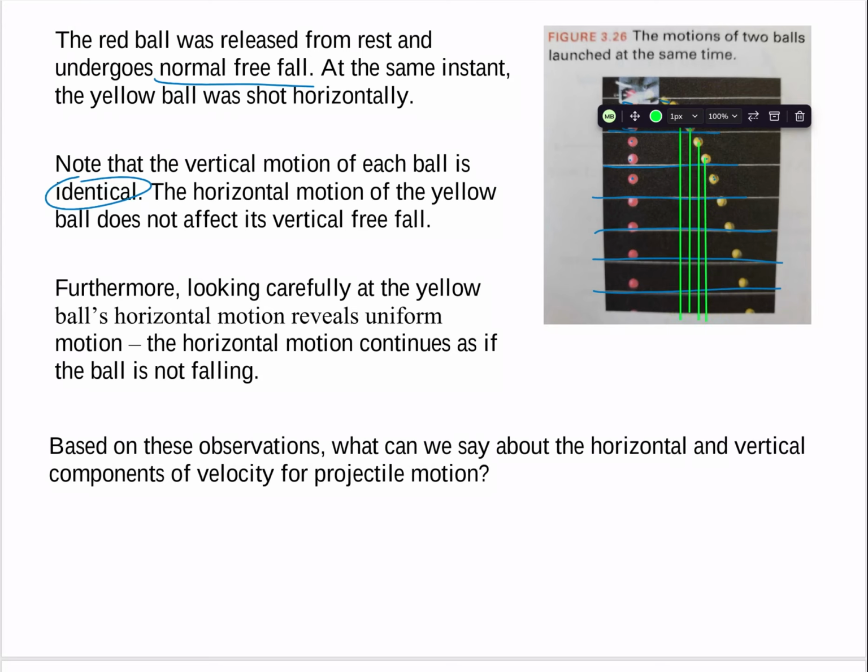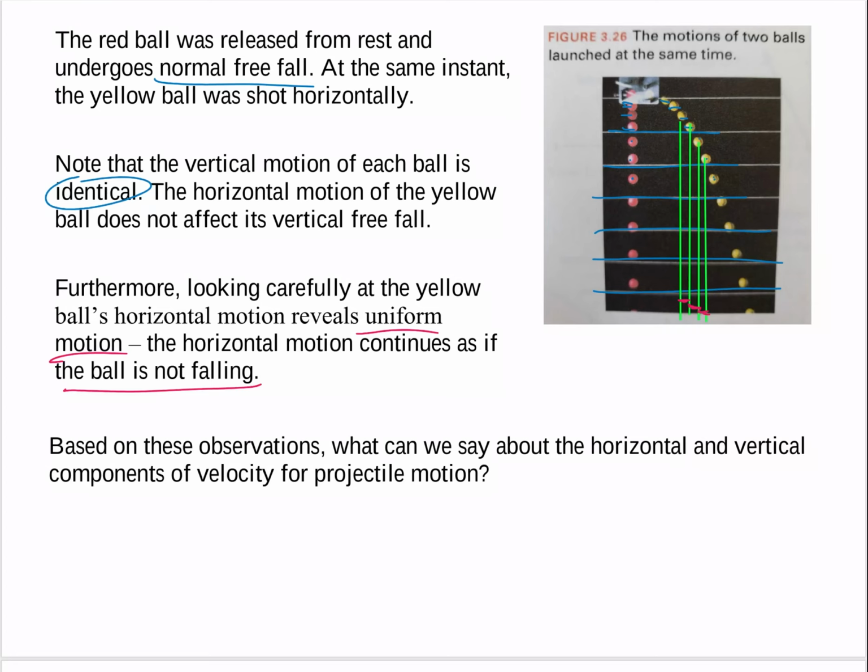All right, reasonable. Now, what we want to notice here is that the distances between the balls horizontally, this distance, this distance, this distance, reveal uniform motion. The ball is continuing horizontally as if it is not falling, as if it was rolling along a table or something, if we just look at the horizontal motion.